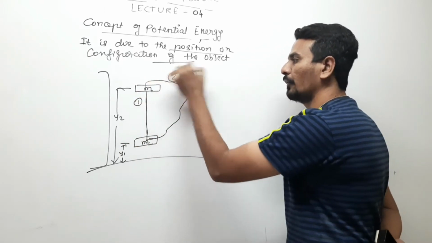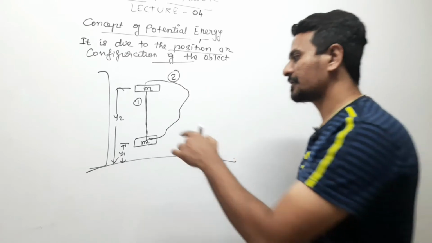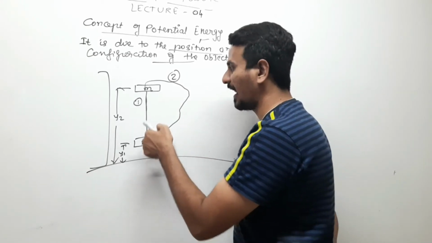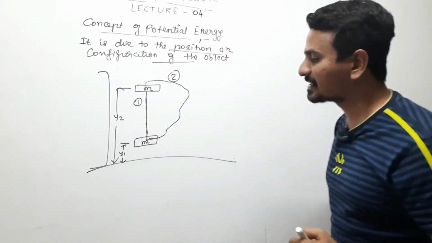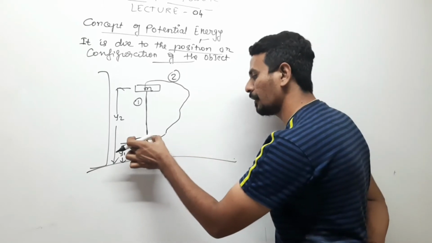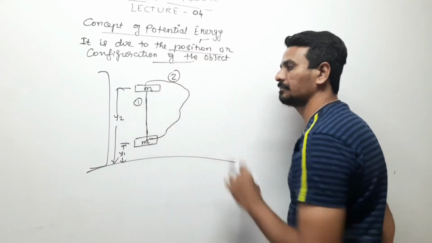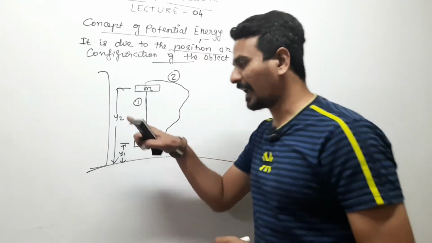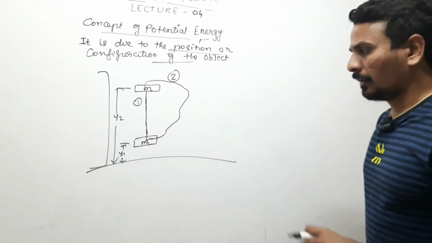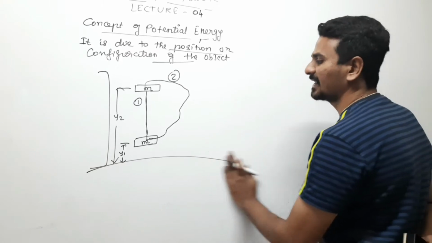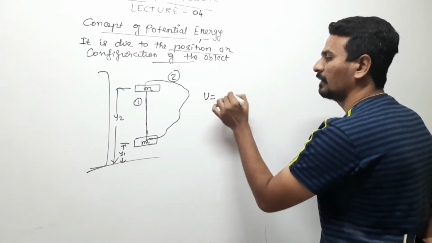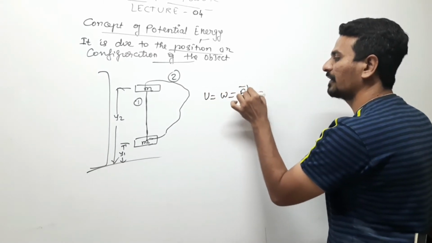So there are two routes. In the first, we take this mass directly from y1 to y2, and in the second we take this mass along a curved path and then put it at y2. So basically work done is force into displacement, right?